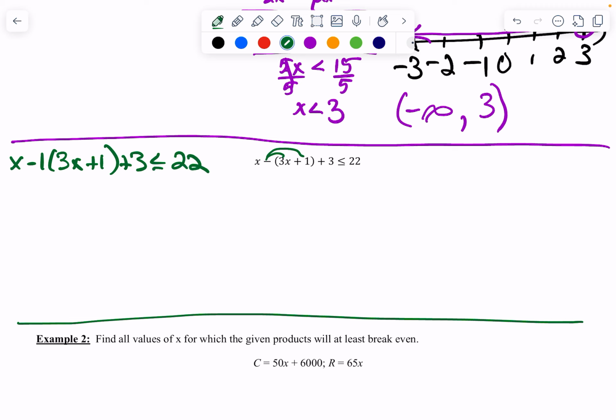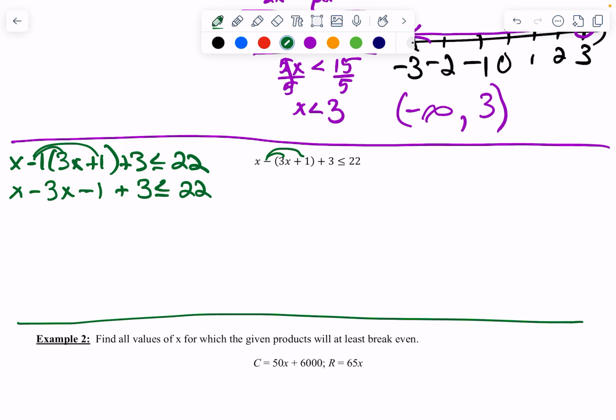So we don't see the 1, it is a hidden one, or an understood one. So there is a 1. And now when we distribute this, we just do -1 times 3x, -3x, -1 times 1 is a -1. So the signs flip. We add 3 is less than or equal to 22.